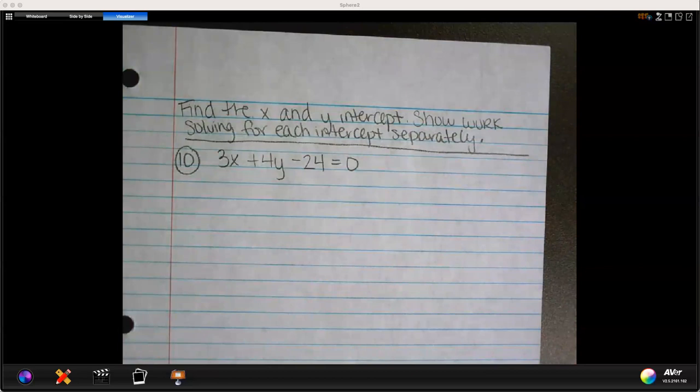And again, the goal of this problem is we're going to find the x-intercept and the y-intercept. Can someone remind us what is a y-intercept? It's a point where the line crosses the graph at the y-axis. So the x-intercept would be the point where the line crosses the x-axis. Okay, so we're going to find both of those.